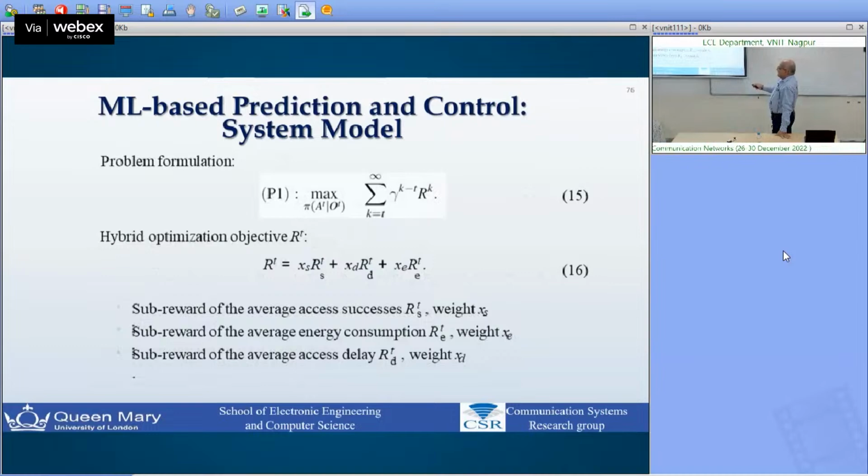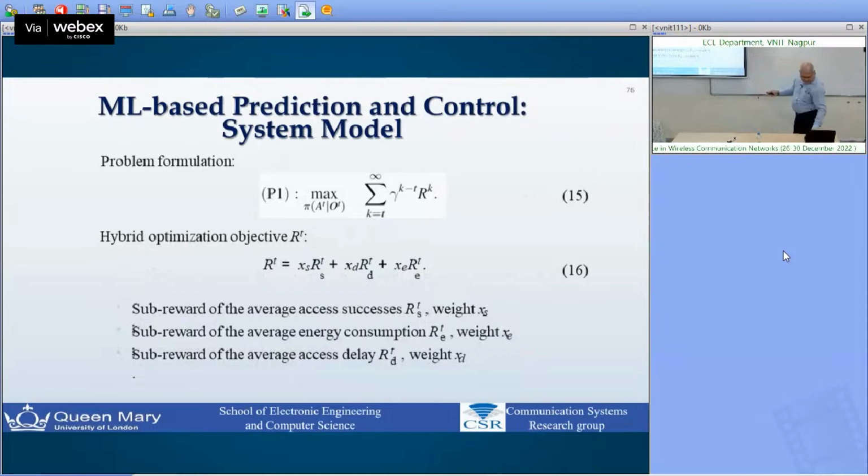So here we have three sub rewards, and we have a weight for each. We give priority with the weight. We can choose different values: if we give priority to throughput, then a high weight for this; if we give priority to delay, then a high weight for the delay; if priority to energy consumption, then a high weight for energy.